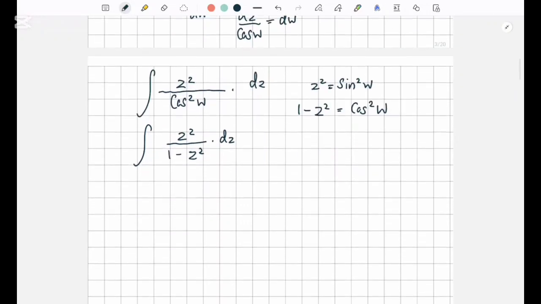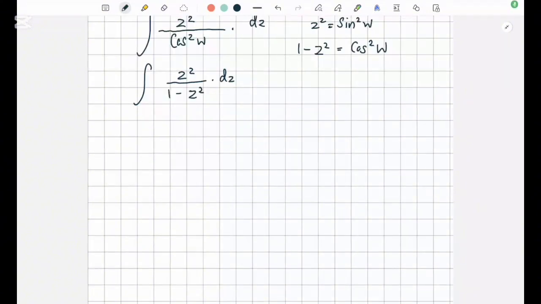So now let's use polynomial division. We could break this down. So you can do z squared divided by minus z squared plus 1. Z squared divided by negative z squared is minus 1. Minus 1 into minus z squared is z squared. Minus 1 into 1 is minus 1. So you can put 0 there. So 0 minus minus 1 gives you 1.